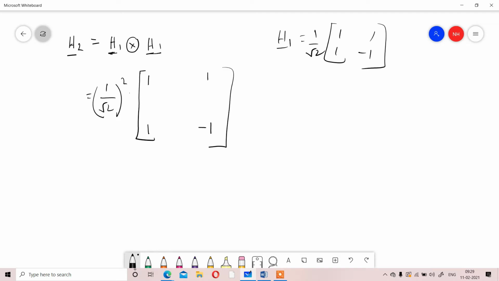That is the Kronecker product. So 1 will be multiplied by 1, 1, 1, minus 1, so it will be 1, 1, 1, minus 1.